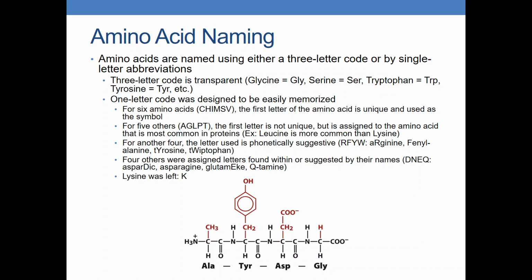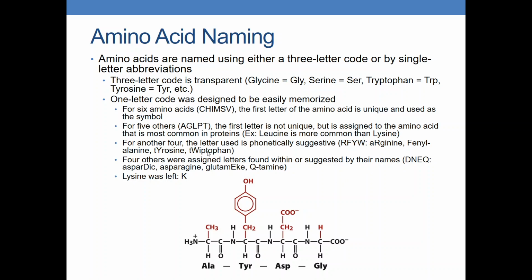We reach a certain point here where the phonetics might be a stretch. Tyrosine is written as Y. So the thought here is that the Y sound sort of is dominant when you pronounce the word tyrosine.